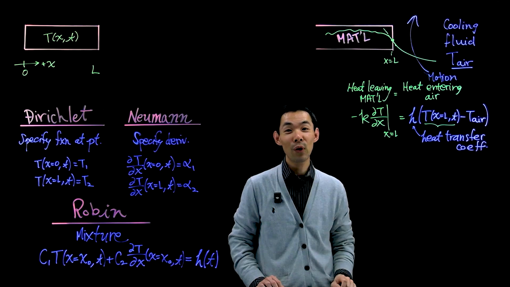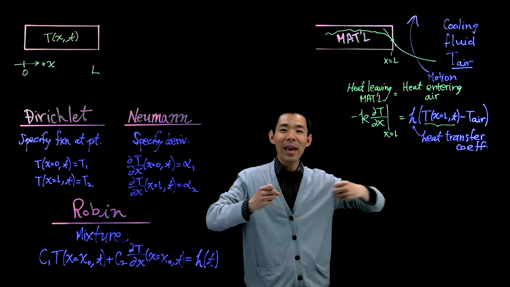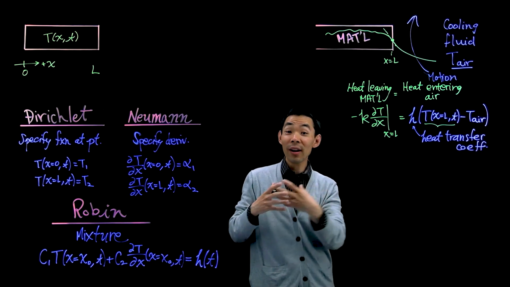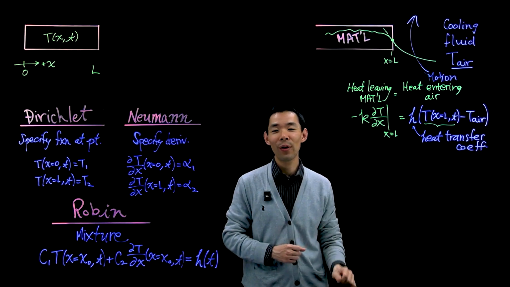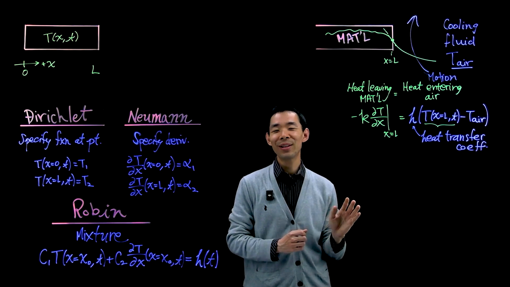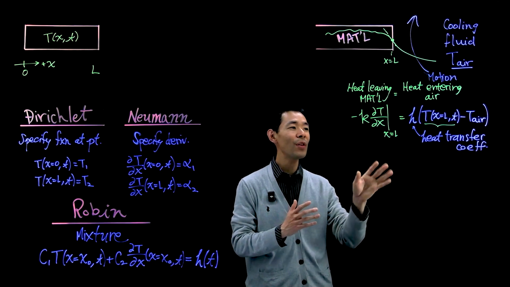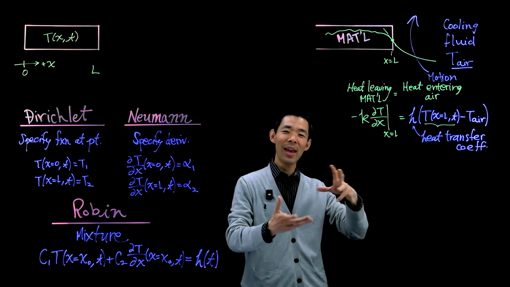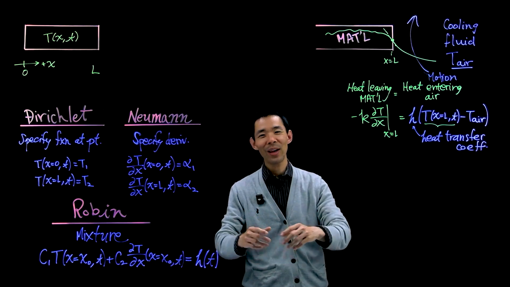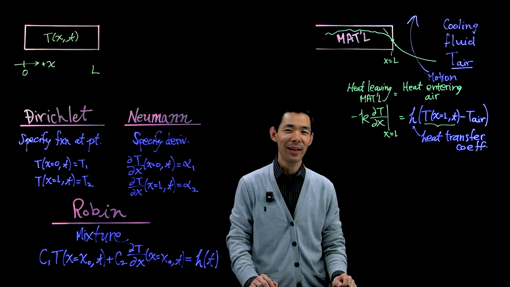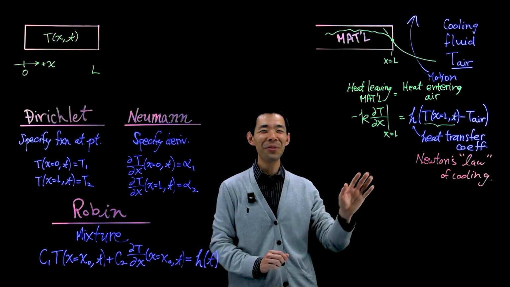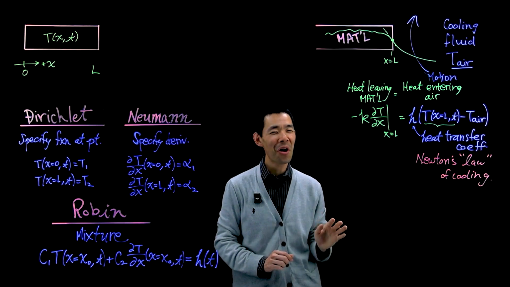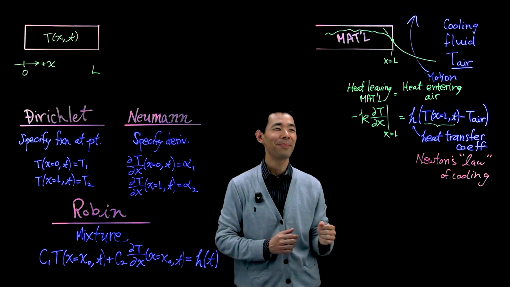And the heat transfer coefficient tells you how much heat is being pulled out or convected out of the material. And there are tables and tables written in various textbooks about different types of heat transfer correlations or coefficients, depending on the air, the fluid, the substrate, various different systems combined. Once again, Newton's law of cooling is not really a law. It's just an empirically guessed relation.